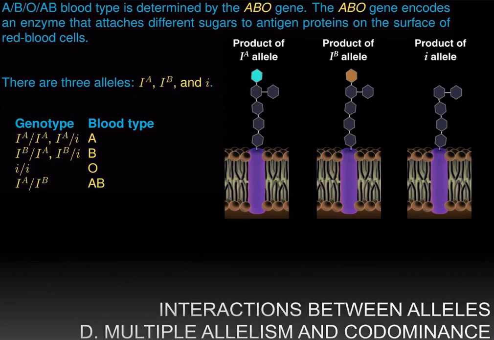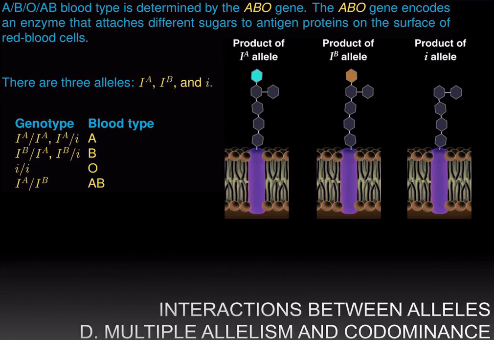Now, when someone donates blood and the recipient has an incompatible blood type, then antibodies in their serum will recognize these sugars on the donor's red blood cells and cause agglutination, or clumping up, causing incompatibility of the 2 blood cell types.